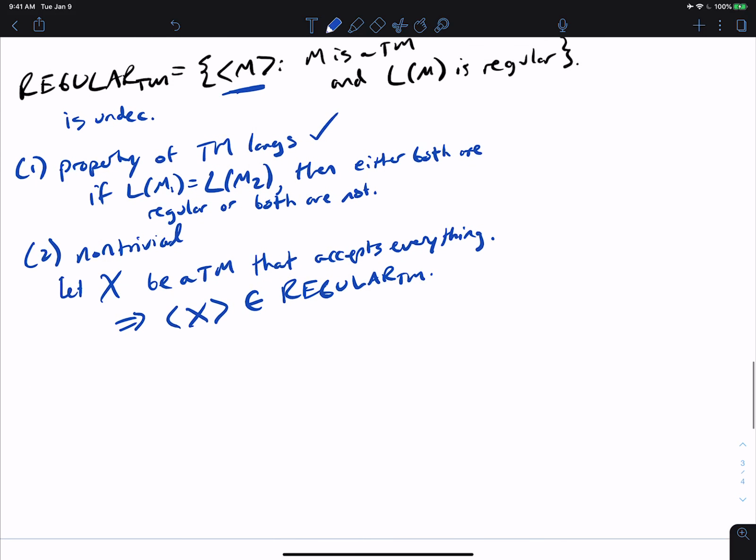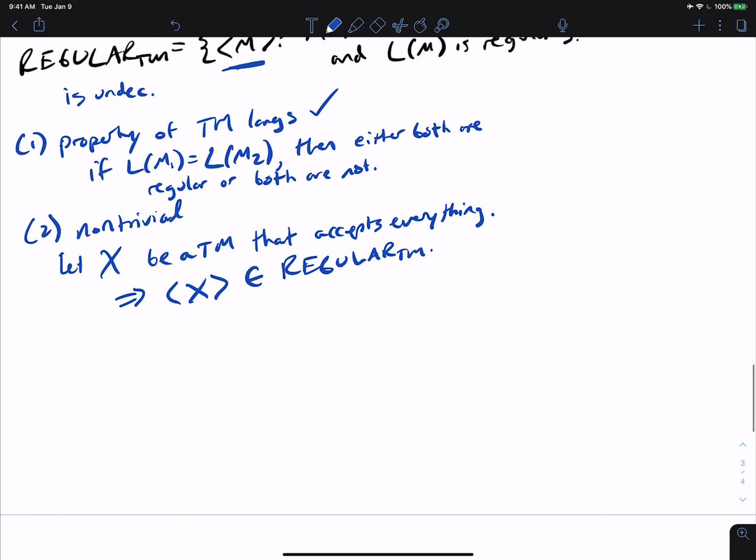Cool. So now we have to find an example of a Turing machine that has a non-regular language. So what's an example of this? Let Y be a Turing machine that has our favorite non-regular language, 0 to the n, 1 to the n.